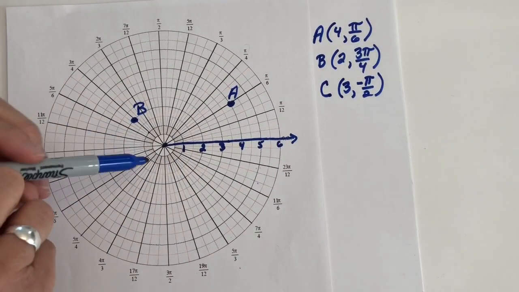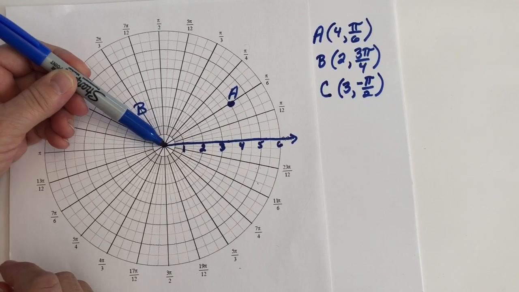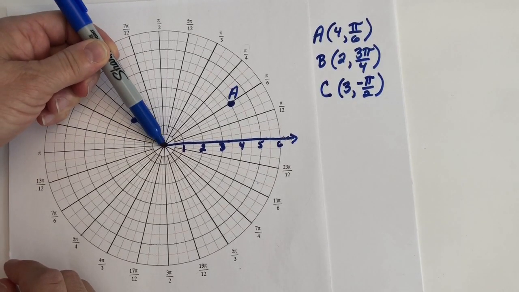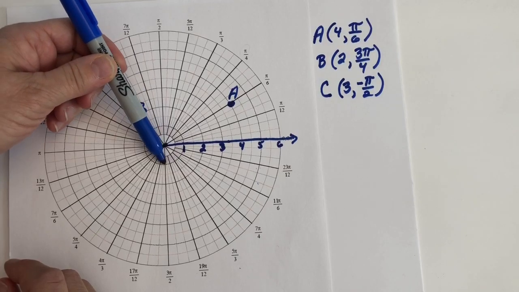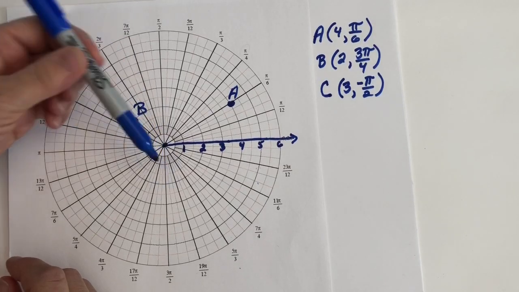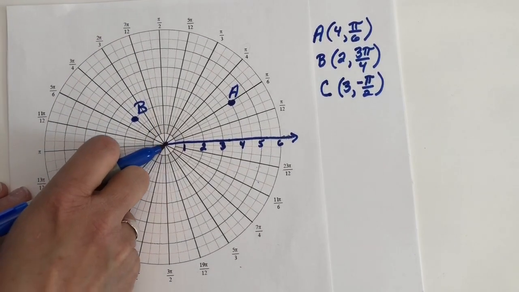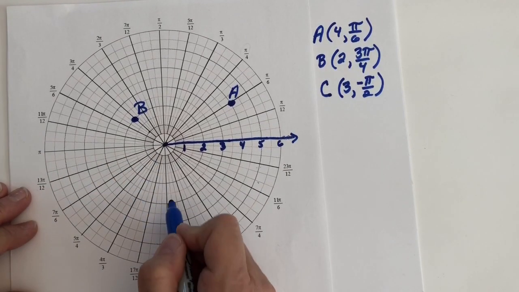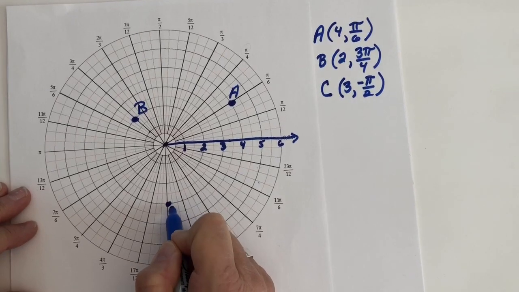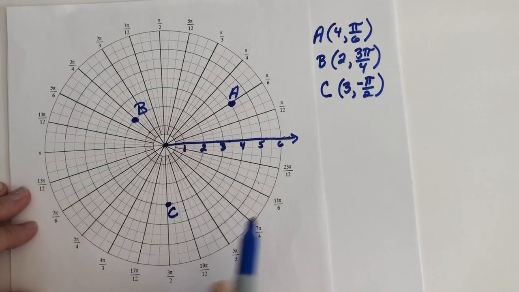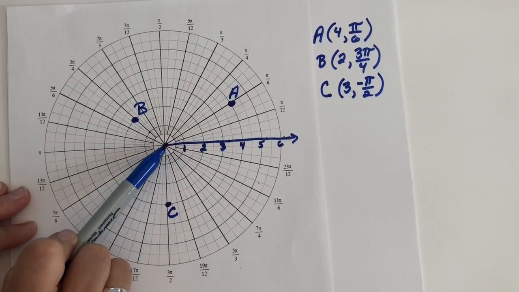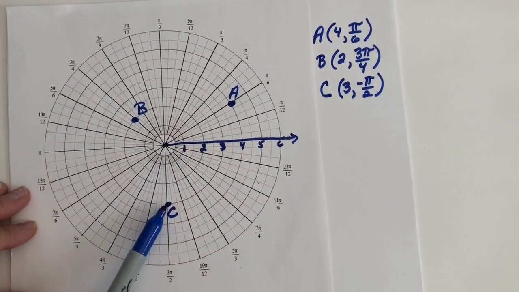If I'm actually sitting on the pole right here, I would think, okay, now I'm traveling in this direction 3 units. So from here, 1, 2, 3. I just consider it as if I'm standing right here and I turn in that direction and travel.